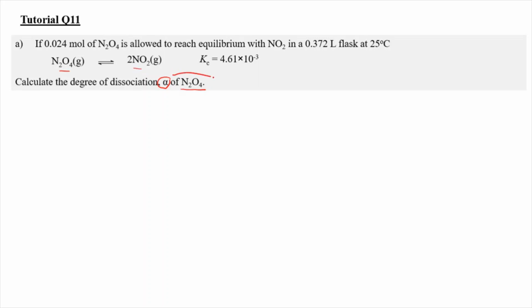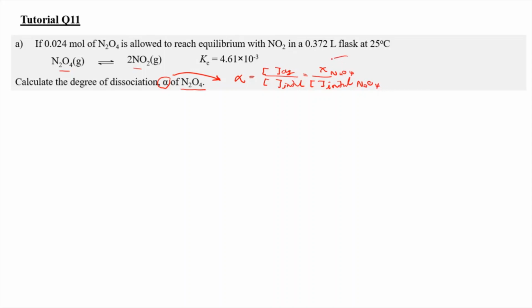For the degree of dissociation, we know that alpha is equal to the change in concentration, also known as x, divided by the initial concentration. Since we are talking about N2O4, we need to find the change in concentration of N2O4 as well as the initial concentration of the N2O4.